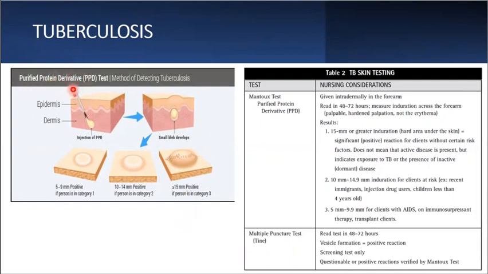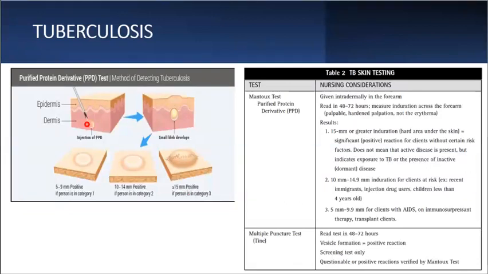So we're going to inject 0.1 ml of PPD into the top layer of the skin. You can see the PPD is injected into the dermis, usually of the forearm. And then we're going to measure the induration across the forearm.